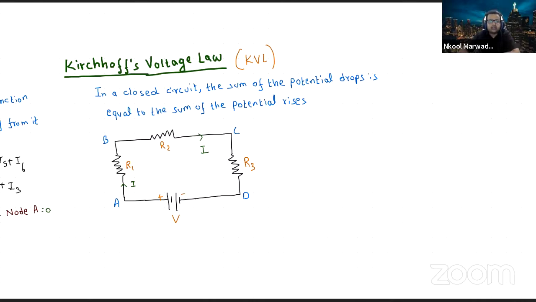Whatever current is being generated by the battery, it will flow like this, then this, and this. At no point will it be distributed in some other direction. That is not happening, and hence the current will be the same all across the circuit. So the incoming current is equal to the outgoing current.